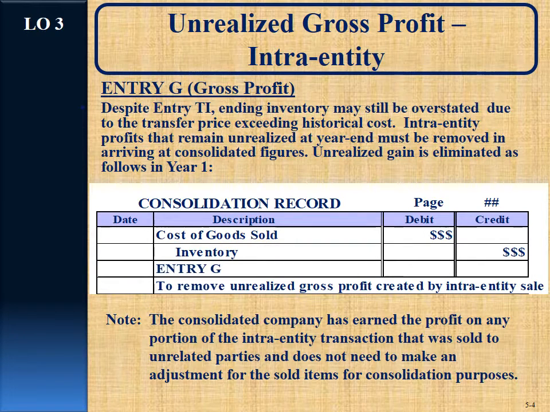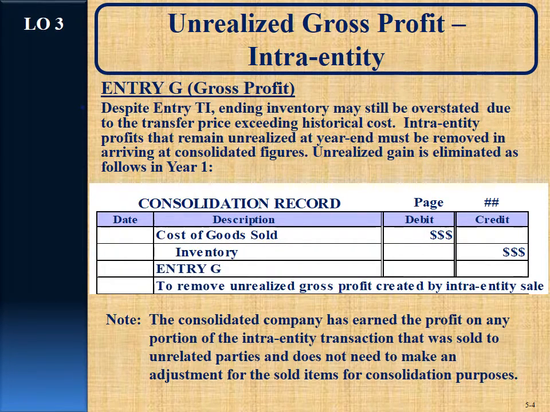We dealt with this under the equity method, right? So if an intracompany inventory transfer occurred and any of that inventory is still on hand, only the inventory that is actually sold should show gross profit. The inventory that's still on hand is unrealized gross profit and must be eliminated.